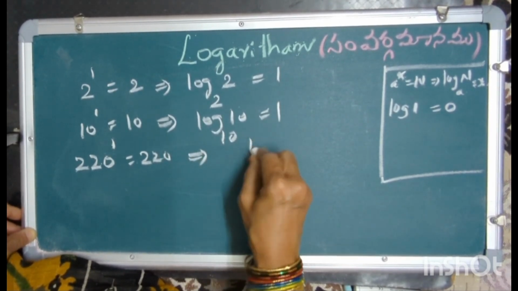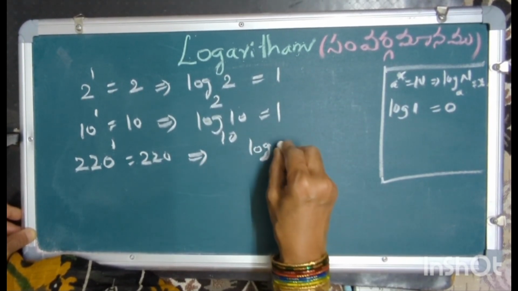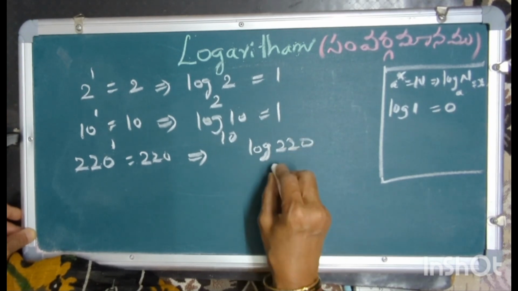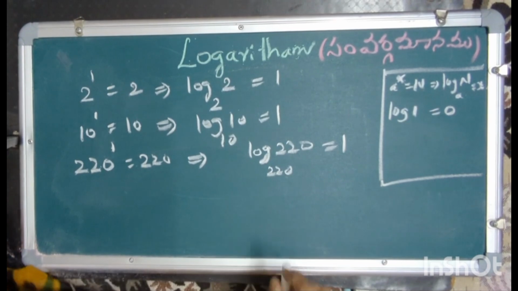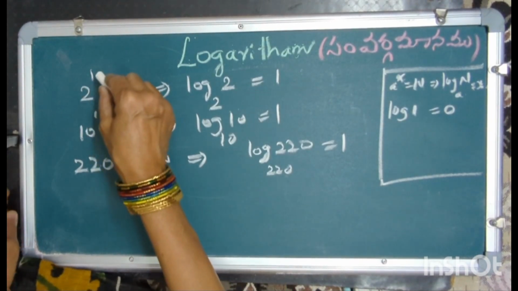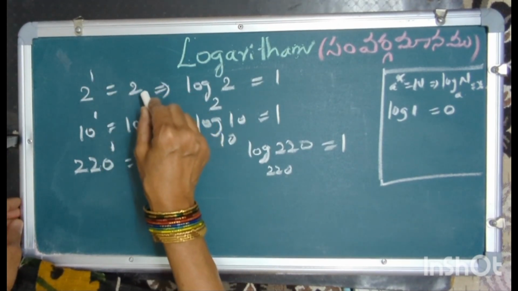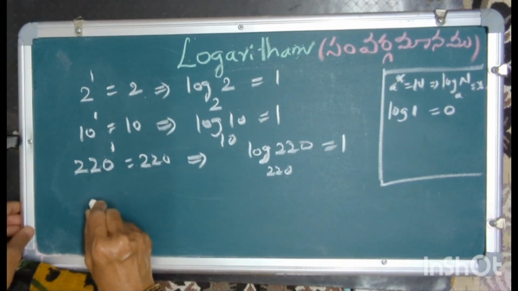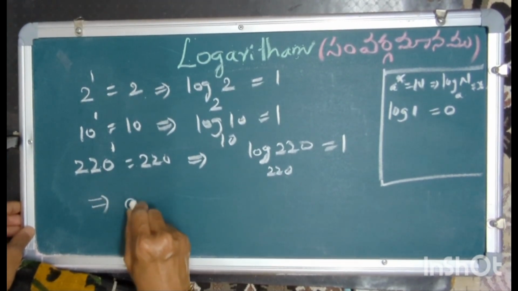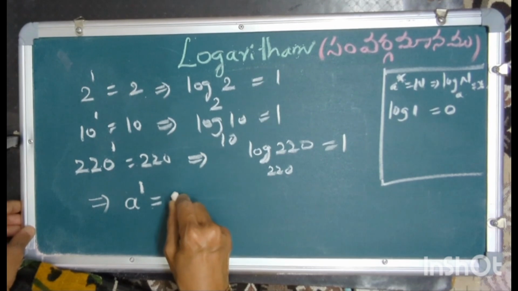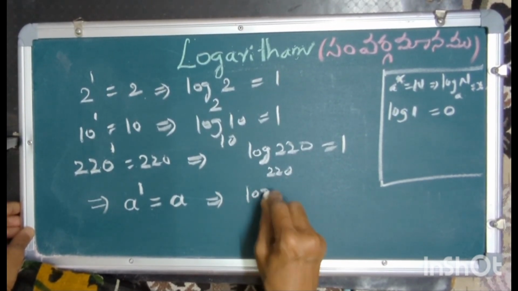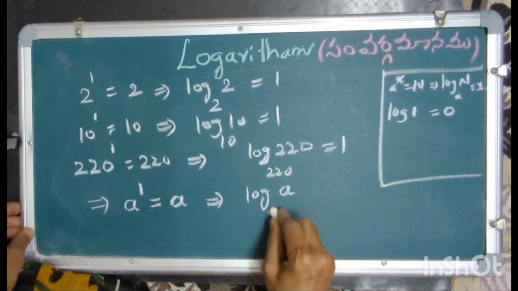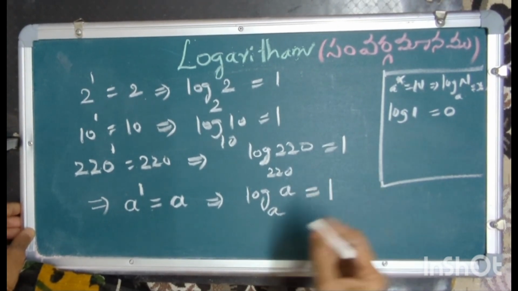That implies logarithm of 220 base 220 is equal to 1. So any number to the power of 1 is equal to the same number. Similarly, we can generalize this into a to the power of 1 is equal to a. That implies logarithm of a base a is equal to 1.